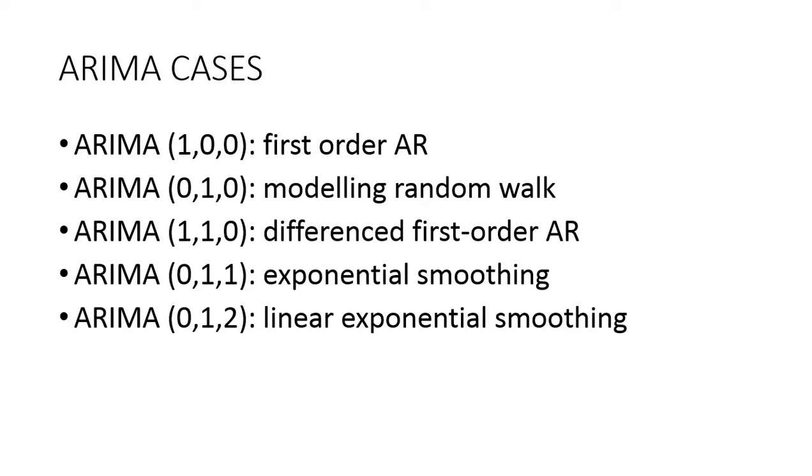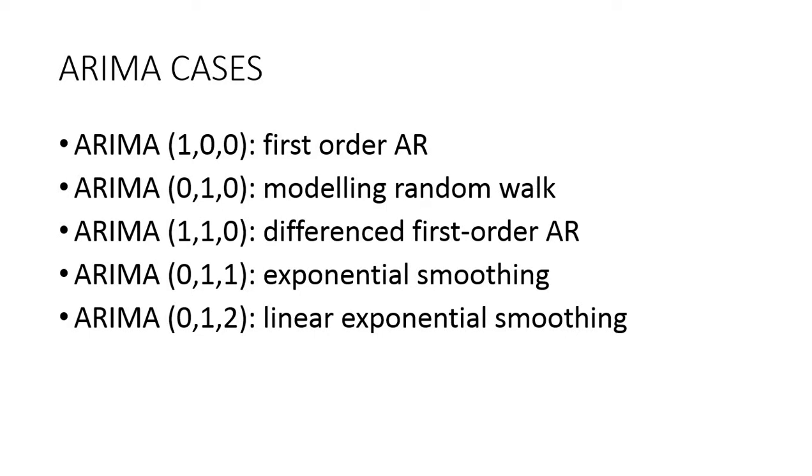So in this case, we estimate the autoregressive model not for variables in levels, but for the first differences of these variables. ARIMA of 0,1,1: no autoregressive terms, you perform the differencing procedure one time, and you include one lagged error term in the model. It is basically about exponential smoothing, and ARIMA of 0,1,2 is about linear exponential smoothing.